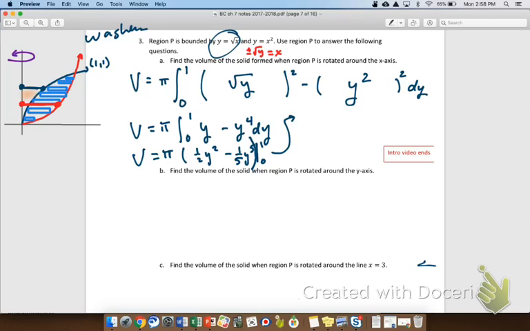So if I evaluate this all the way through, volume equals pi times 1/2 times 1 minus 1/5 times 1 minus 0. 1/2 minus 1/5 would be 5/10 minus 2/10. So I'm getting volume equals 3/10 pi. That one wasn't too bad on the back end of actually evaluating it, namely because of the 0 and the 1. That helps, but we wouldn't always take it that far.